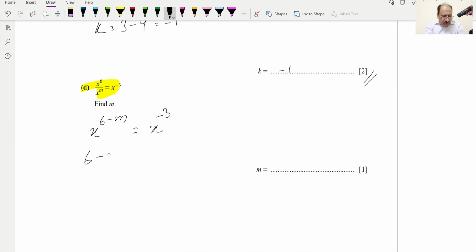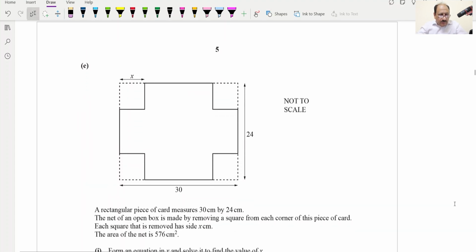So 6 minus m is equal to minus 3. This should be basically minus 3 over here. So m will be equal to 6 plus 3, which is equal to 9. So value of m will be 9. 1 mark part.